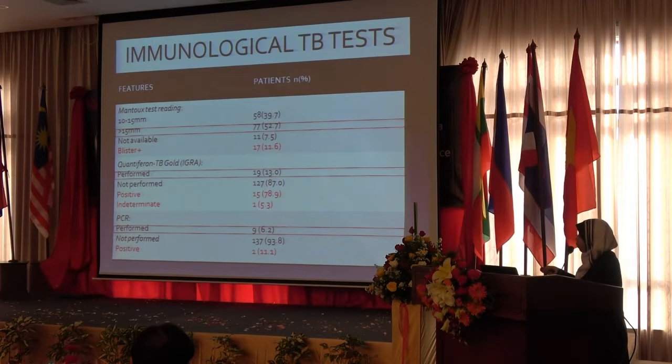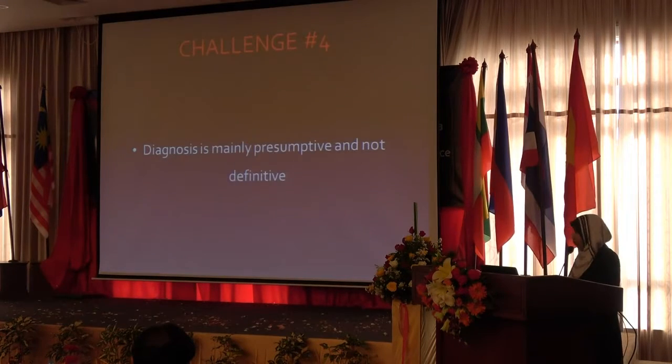Out of that, 15 were positive, and for PCR, only 9 patients had the opportunity for us to send the intraocular fluid samples for PCR testing. However, our PCR test was very poorly sensitive, and only 1 out of the 9 patients was positive. So this is our local scenario, and probably the scenario that you all may also be facing.